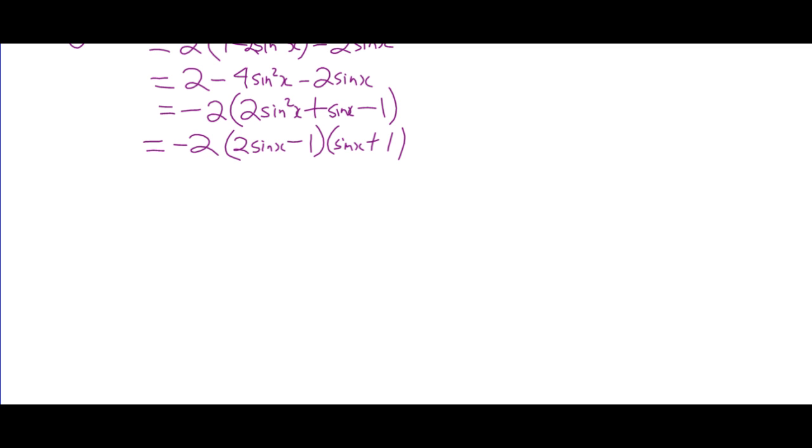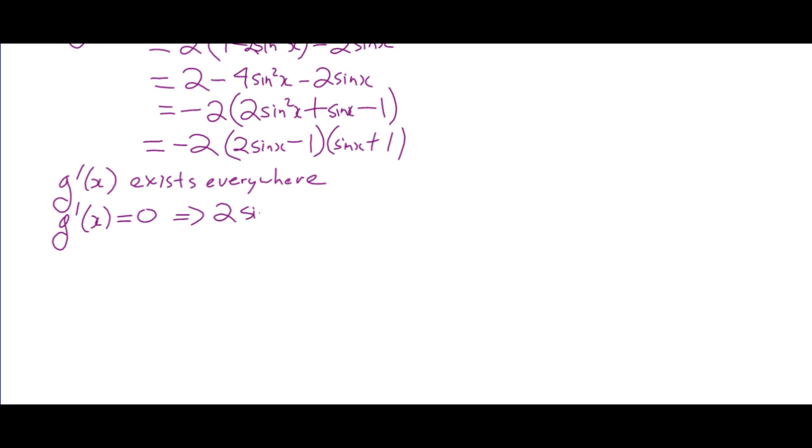Okay, so g prime of x exists everywhere. And g prime of x equals 0 means that 2 sine x minus 1 is equal to 0.